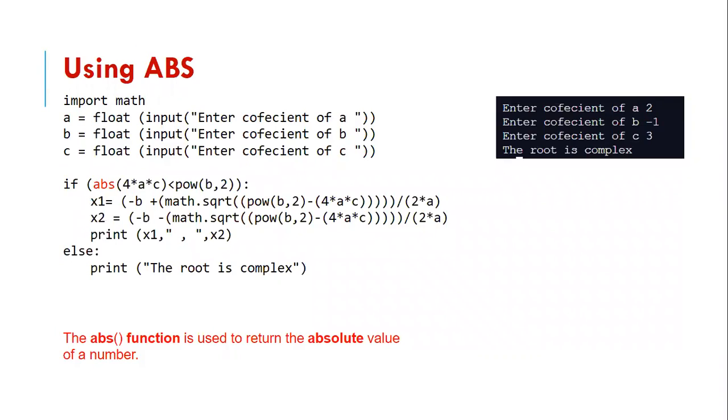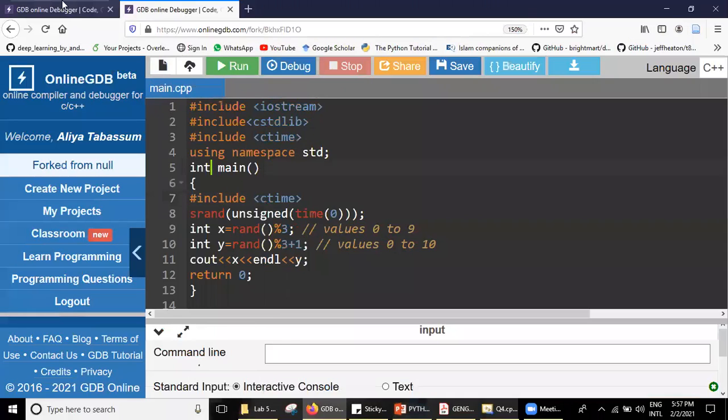And there is also another function which is called absolute function. You know what this absolute function prints? It will print the absolute value of whatever is given to it. So if you give absolute of -1, it will give you the answer.